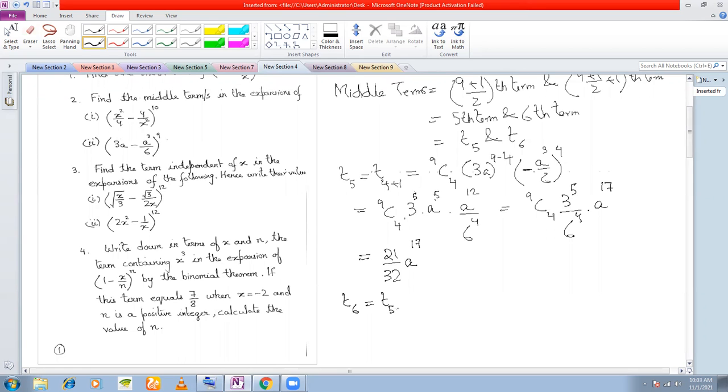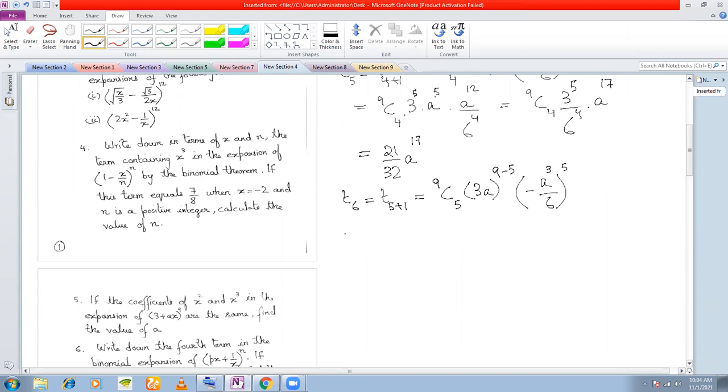T6 is T5 plus 1. Okay, so nCr a to the power of n minus r into x to the power of r. Okay, now we'll simplify this. 9C5 into 3 to the power of 4 into a to the power of 4.